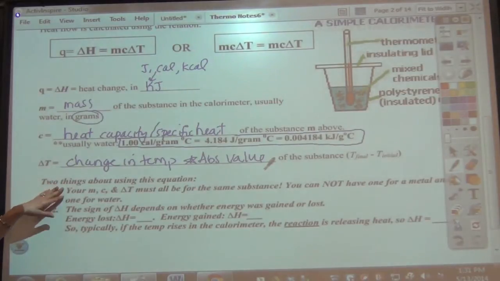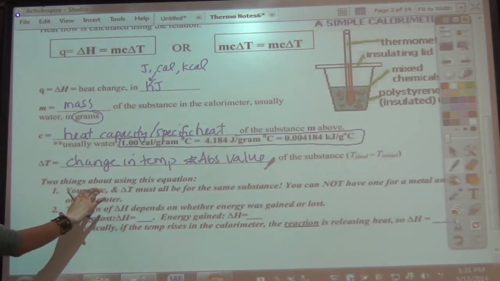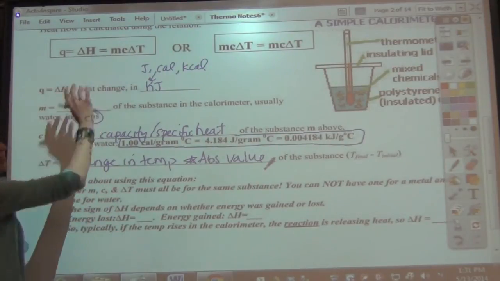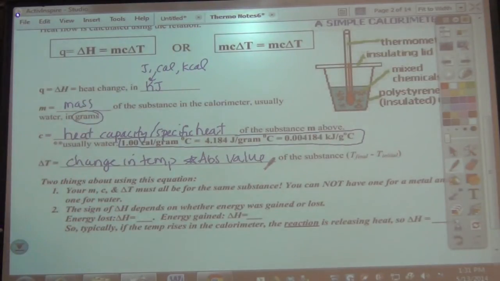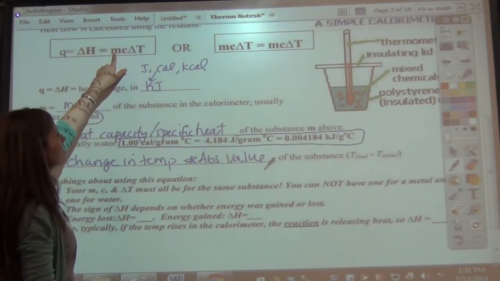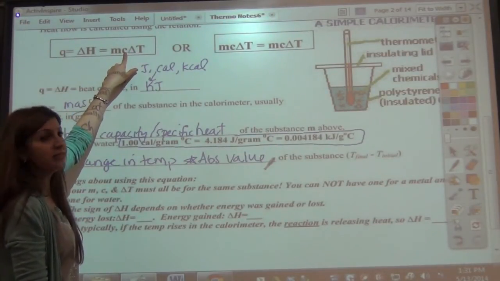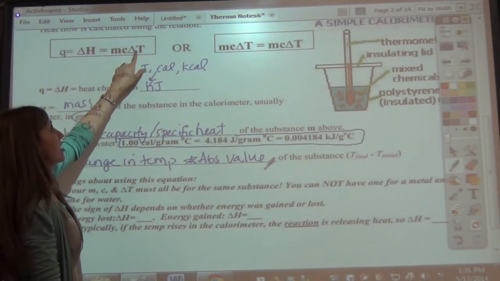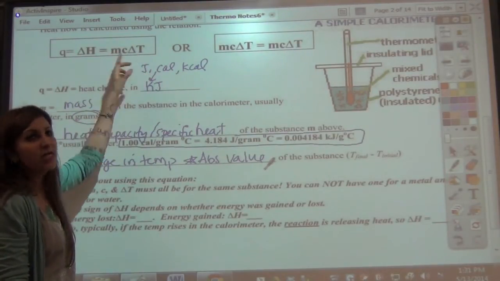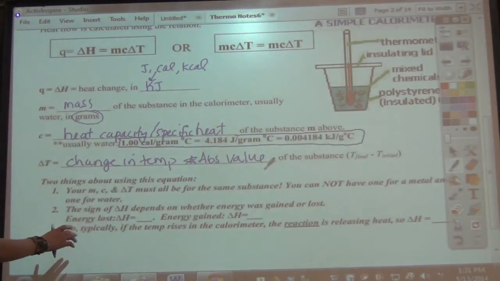Two important things before we do one calculation here. One is your M, C, and delta T, when you use this, have to all be for the same substance. So if that's water, that has to be water, and your temperature change has to be water. If that's a piece of gold, then your mass has to be of the gold, and your temperature change has to be of the gold. So you have to make sure that they're all the same.